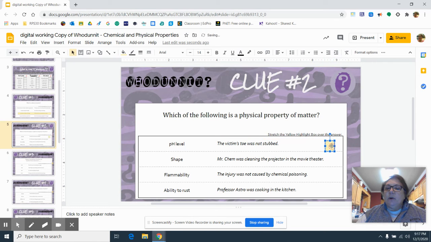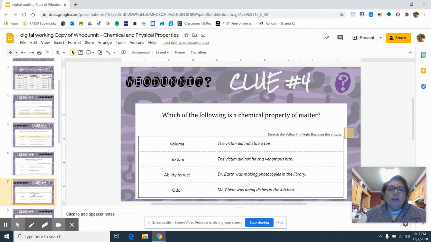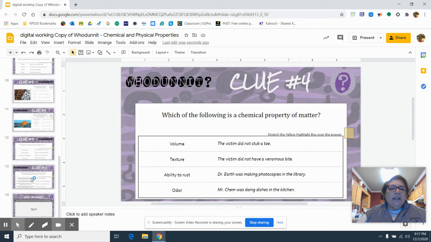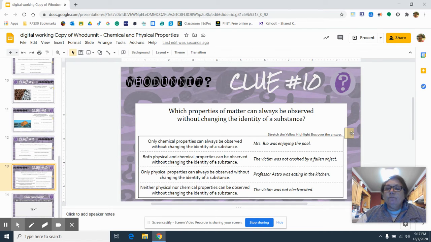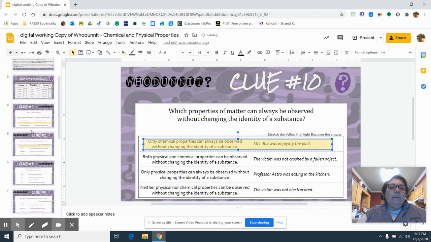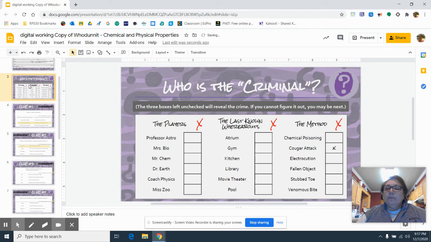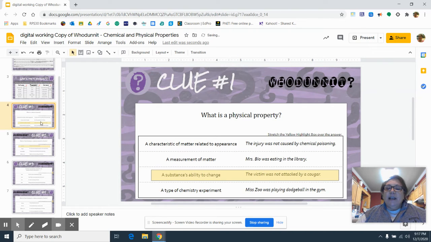And let's say it's this one. This yellow box right here is going to tell you how you're going to do it. Now, you may want to do all of the clues first. Then once you get down to clue number 10, you can go back up to this box, and all you have to do is, okay, victim was not attacked by a cougar.